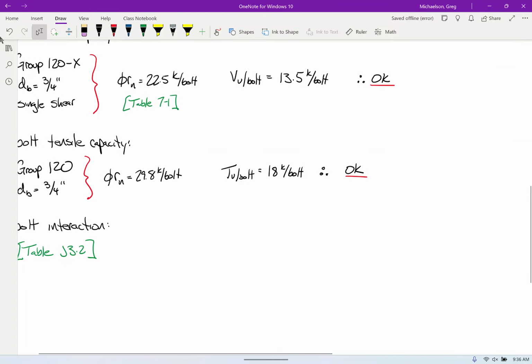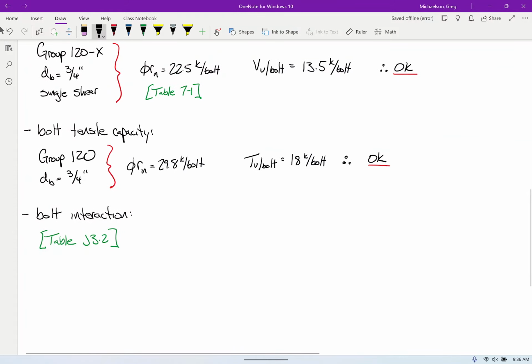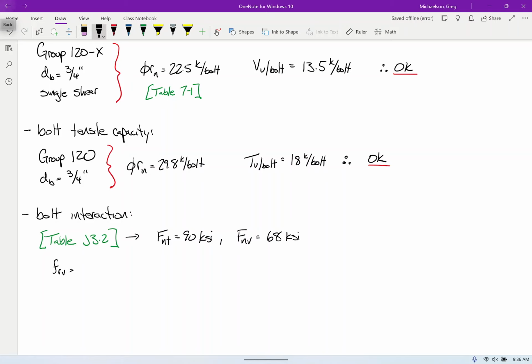So what I'll say, and let's not forget that we computed this, is 30.54 KSI. Okay? With me so far?